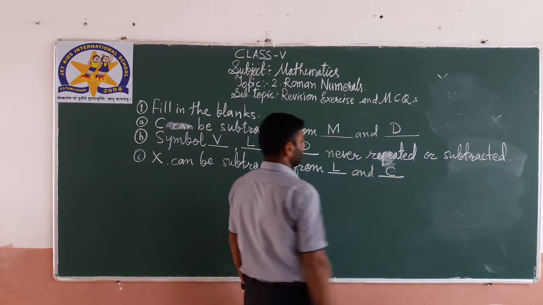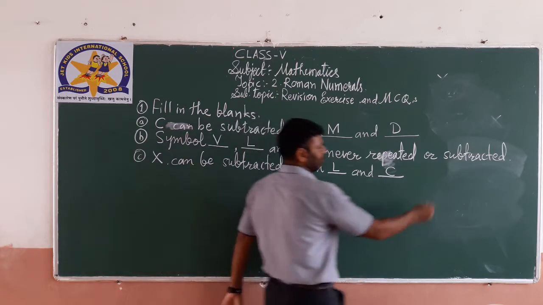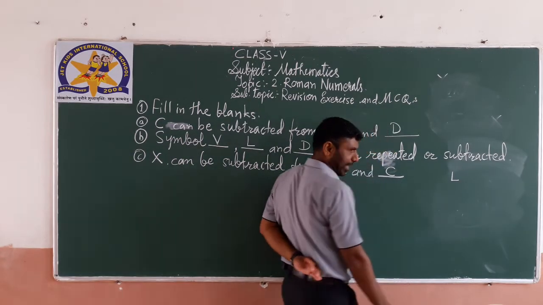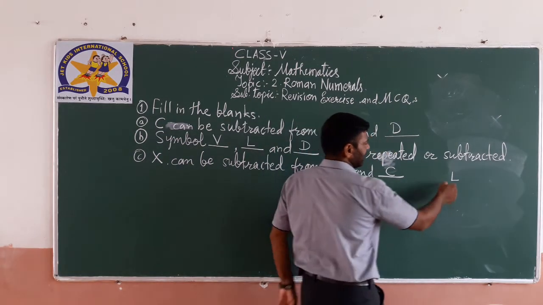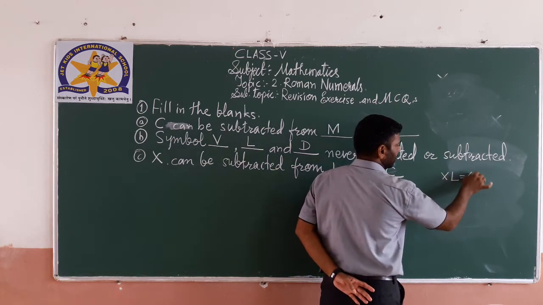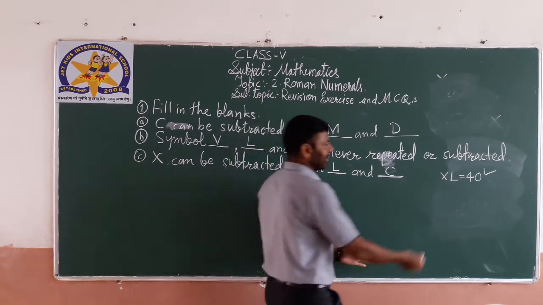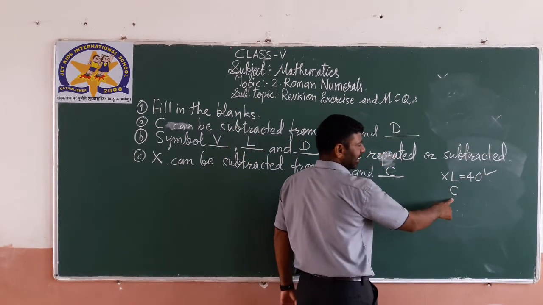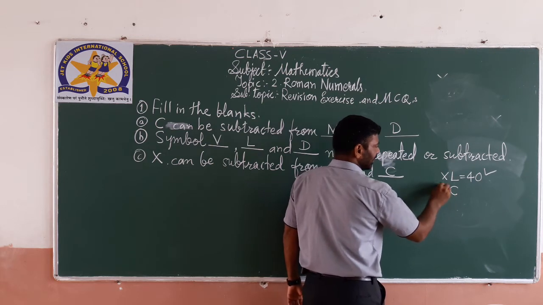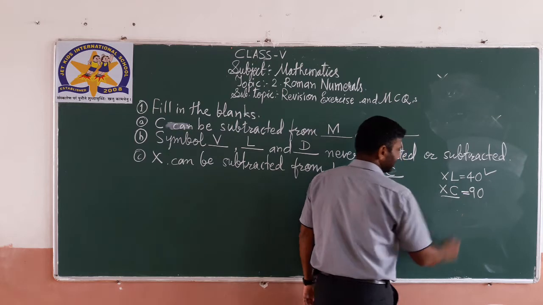So L and C. X can be subtracted from L and C. If I want to write 40, then 50 minus 10, I write it like this. If I want to write 90, 100 minus 10 is equal to 90, XC.